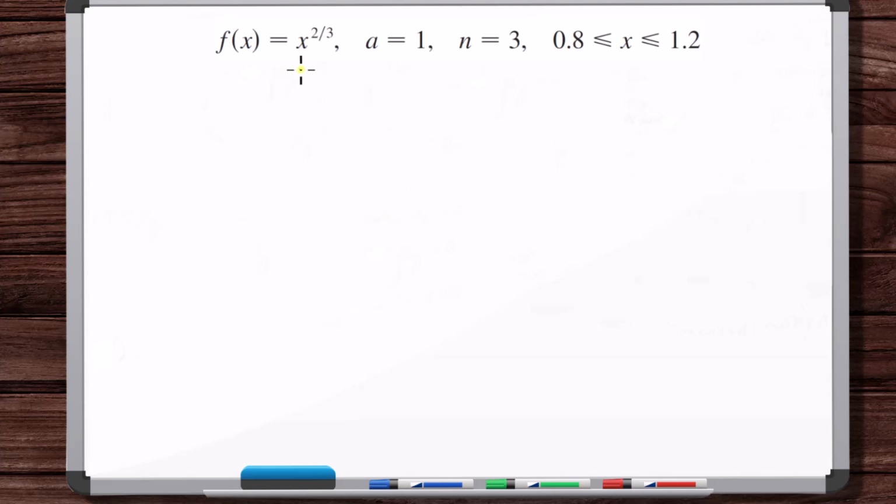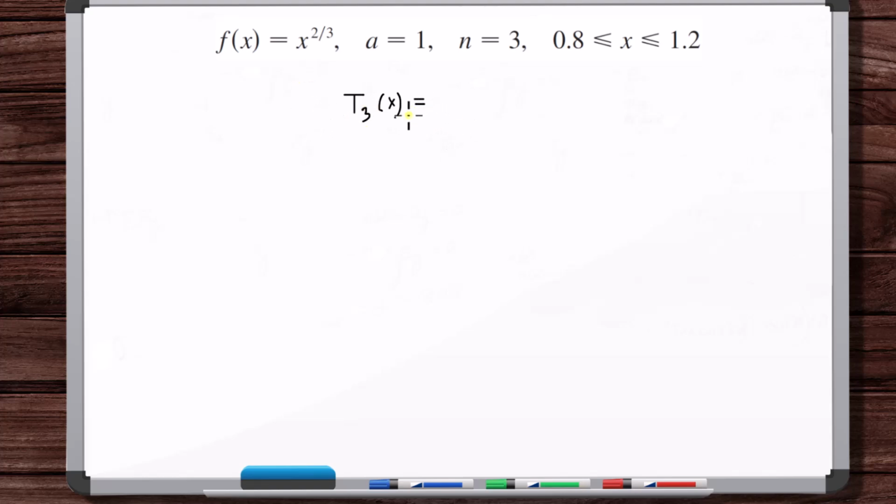So, okay, first let's get the Taylor polynomial. Remember, what we want here is T sub 3 of this function. It's a little confusing because with traditional partial sums, S sub n, you're summing the first n terms of the series.